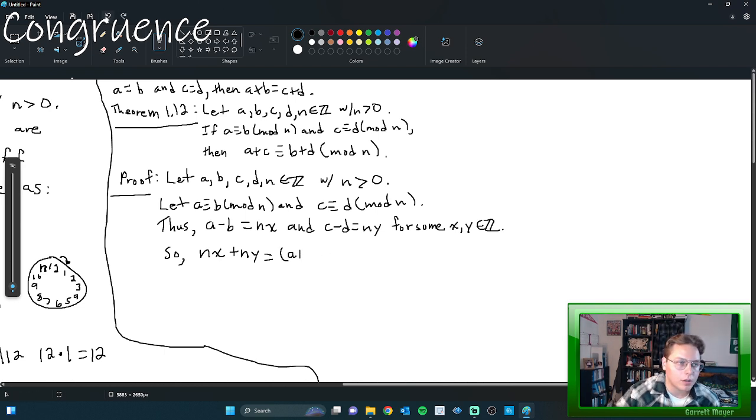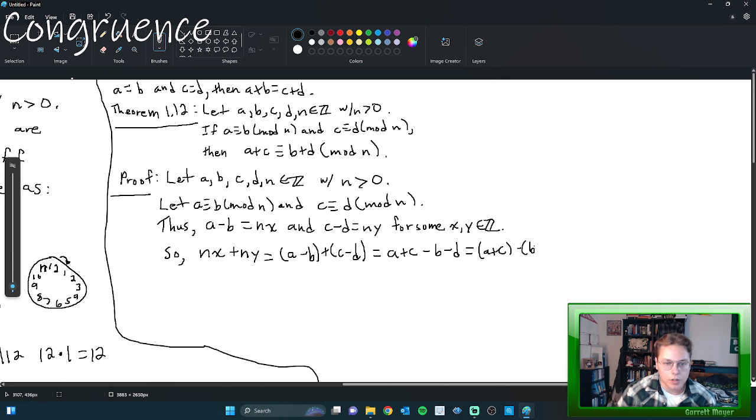Let's do it more slowly. A minus B plus C minus D. And doing some rearranging, we can get this to look like A plus C minus B minus D, which equals a plus c minus b plus d.